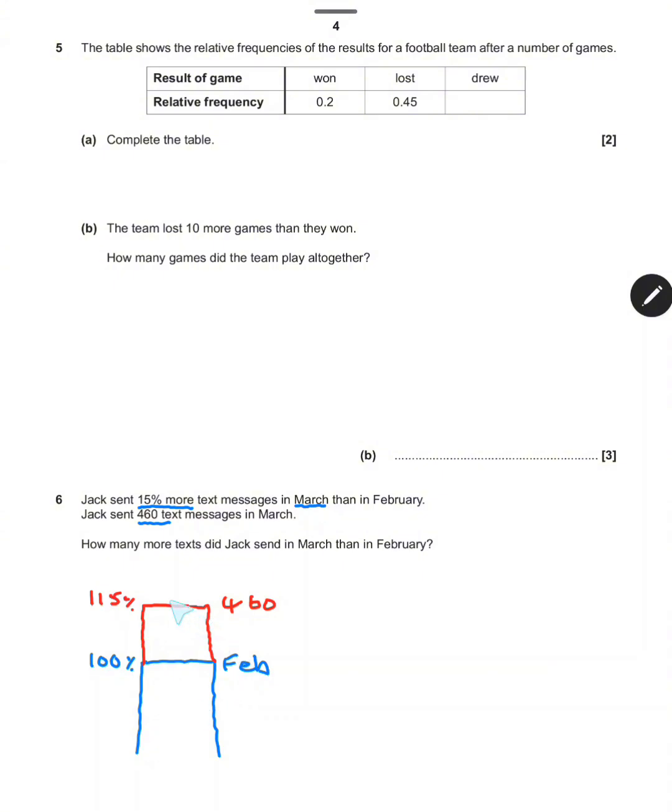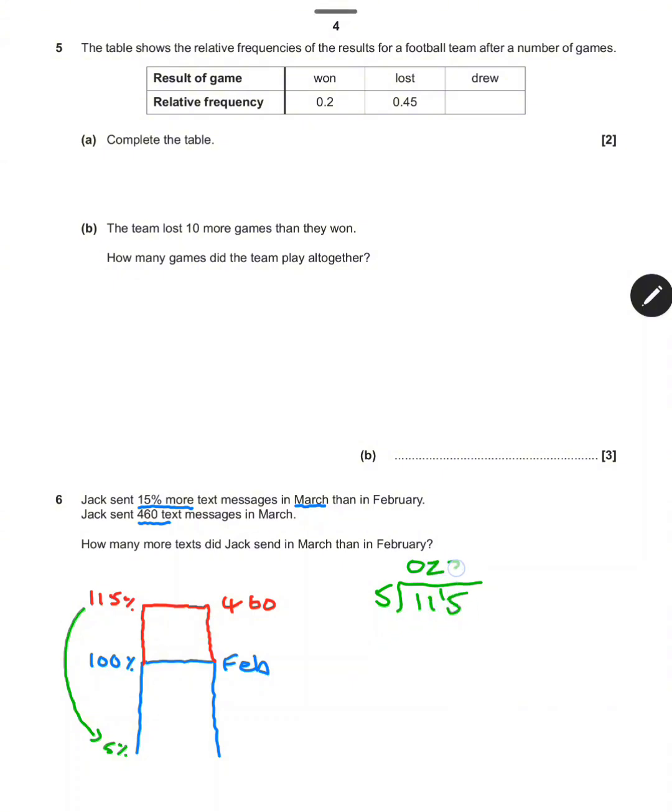So what we've got to try and do is scale this diagram from 115% down to 100%. It's not an easy one to do. But I think what we can do is come down maybe to 5%. So I need to know how many 5s go into 115. 5s into 1 is 0. 5s into 11 is 2, remainder 1.